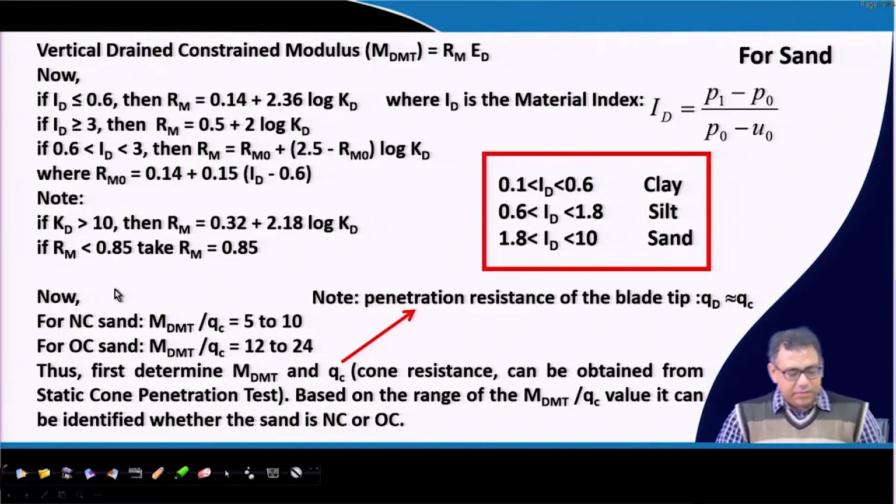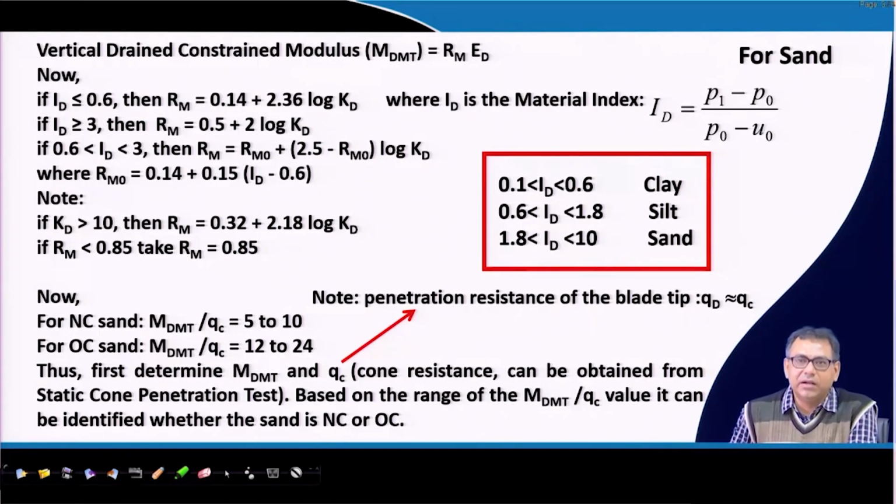Now, it is very difficult to identify whether sand is in a normally consolidated state or an over consolidated state. In clay you can do the oedometer test and identify the PC, which is very important to know to understand whether the soil is in an over consolidated state or a normally consolidated state.